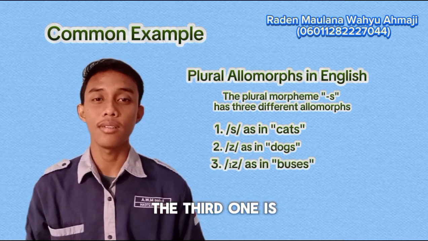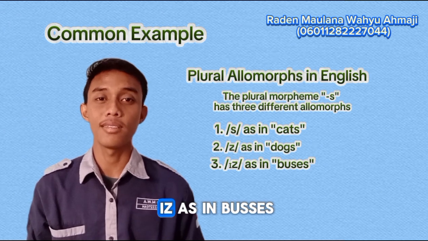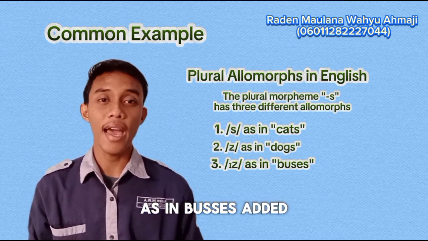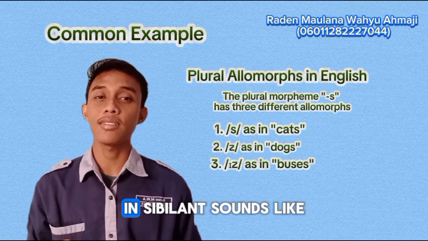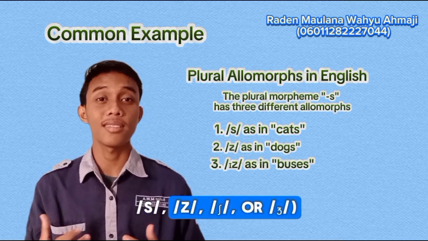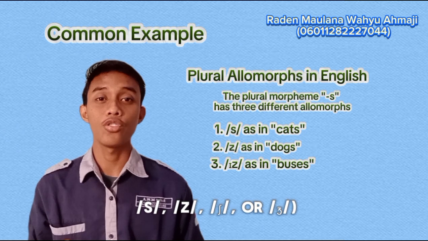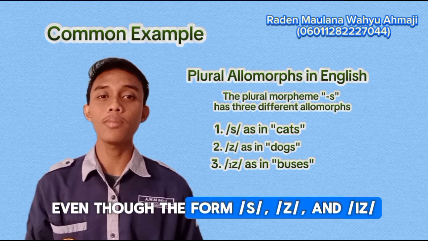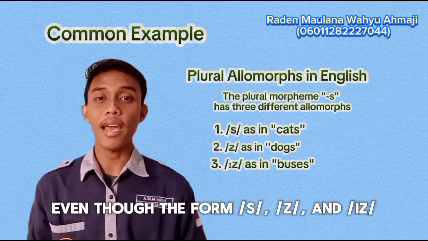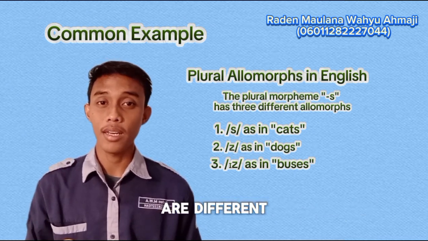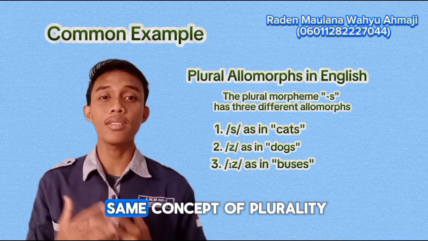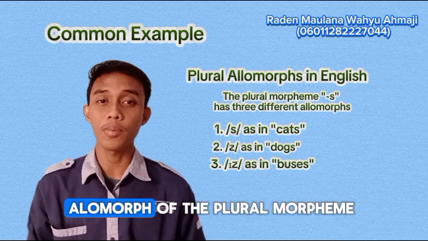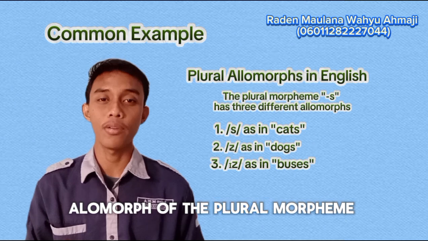The third one is /iz/, as in buses, added when the word ends in a sibilant sound like s, z, sh, or ch. Even though the forms /s/, /z/ and /iz/ are different, they all represent the same concept of plurality, making them allomorphs of the plural morpheme.